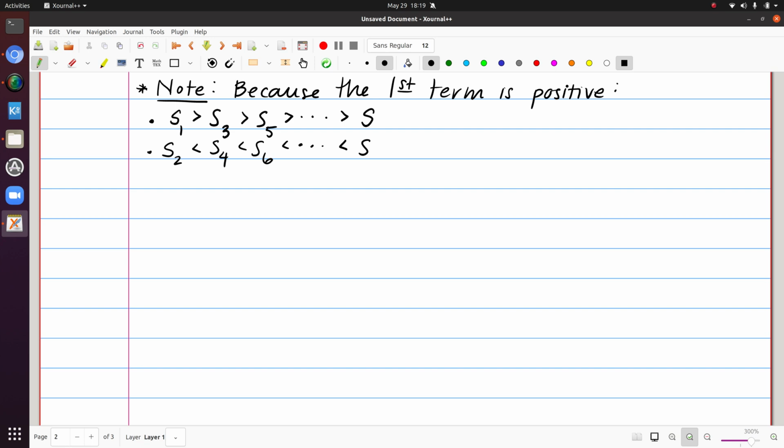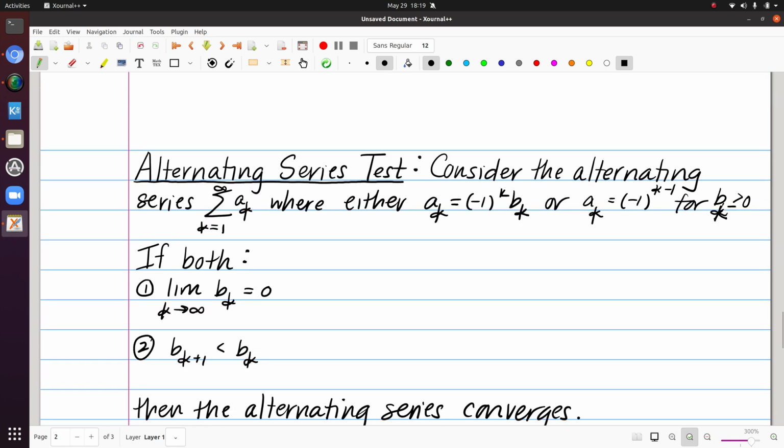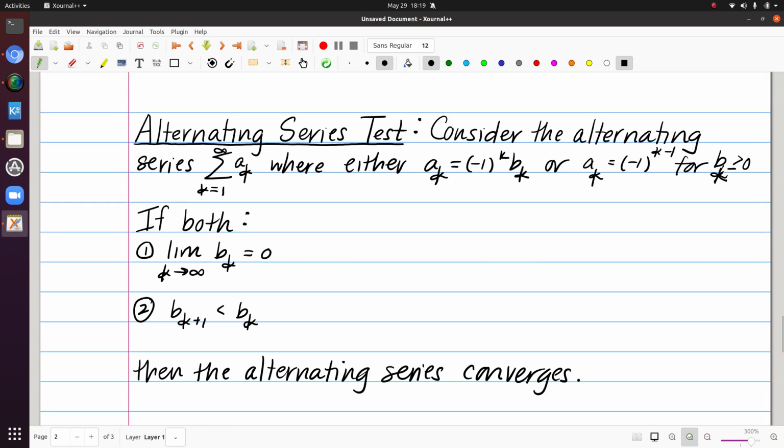But for now, what I want to do is simply state what the alternating series test says here. So we're considering that we have an alternating series, and one thing I want to make sure is clear here is this notation. The alternating series is a sub k, where you can represent a sub k as negative 1 to the k times b sub k, or negative 1 to the k minus 1 times b sub k, for b sub k greater than or equal to 0.